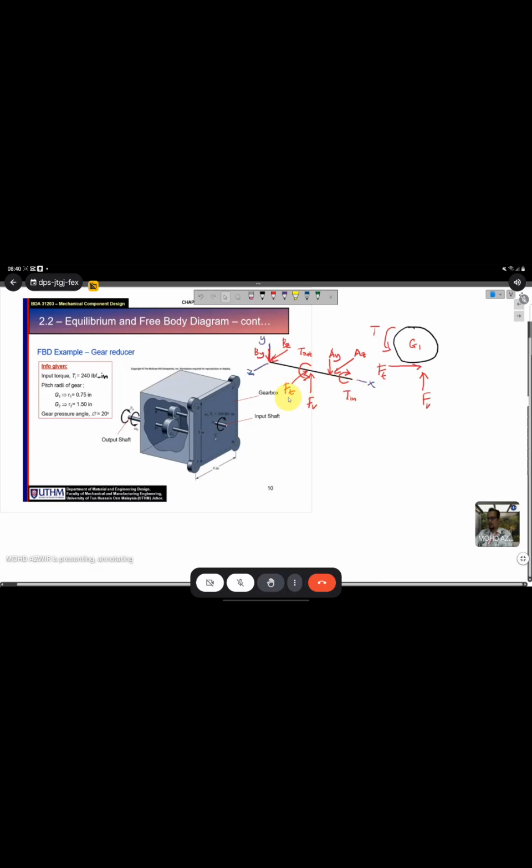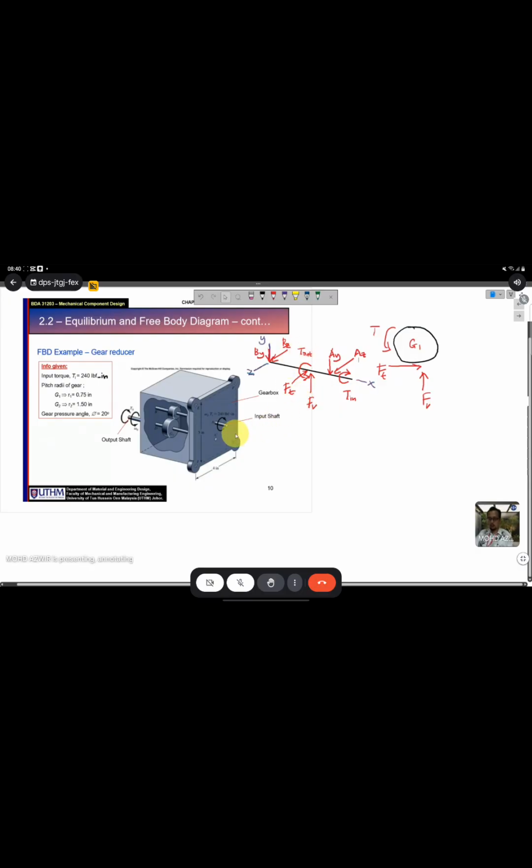We have action force and reaction force, and we have two tops to make sure it's in equilibrium. Before you can calculate the stress inside here, you need to know all the force values. So we have already drawn the free body diagram. We have already put the name for each force, and then you need to calculate the value of the force.